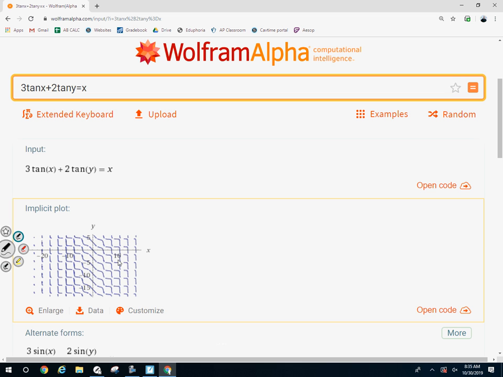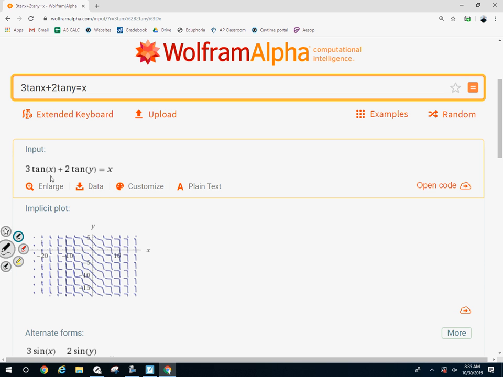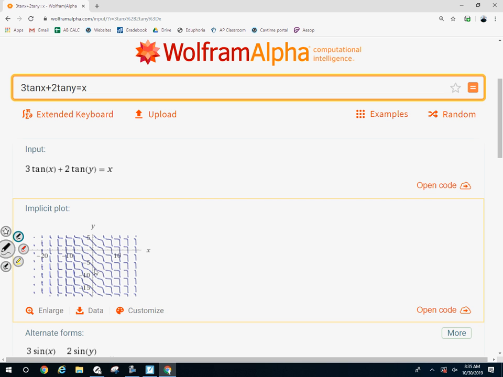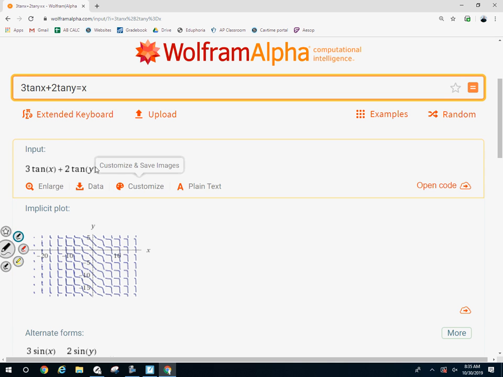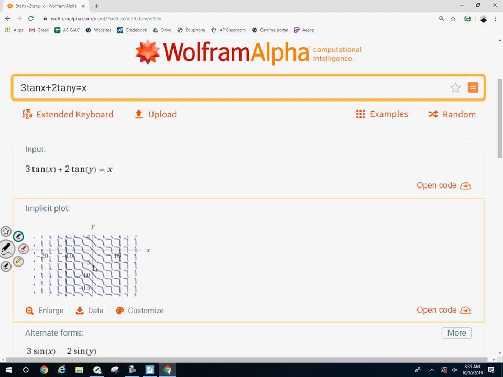That's so cool. Because tangent's undefined at so many locations, there are all these lines where you don't have any graph, including y values, tangent of pi over 2, so negative pi over 2. Oh, it's pretty sweet. X values as well, where we're undefined, but then we have all these little pieces of graph in there. Cool.